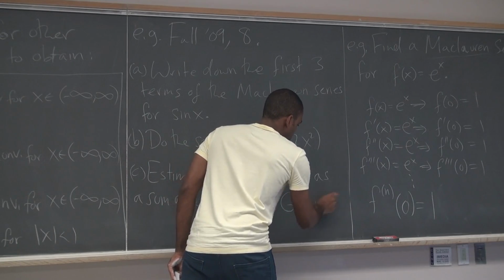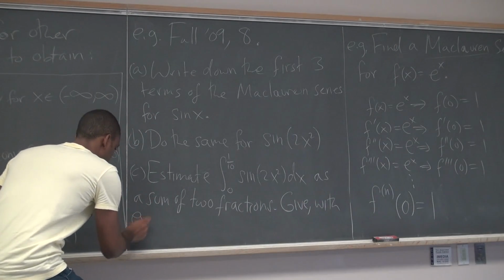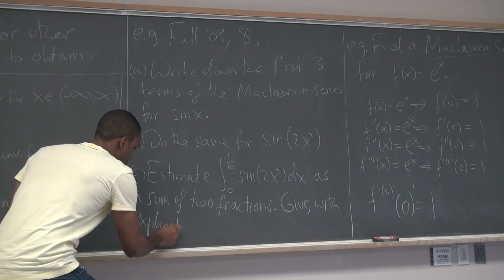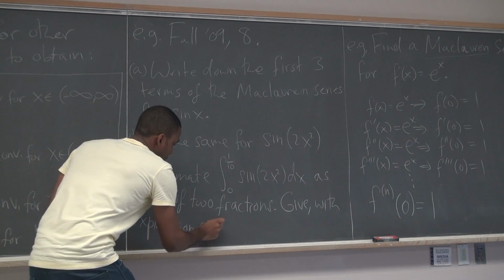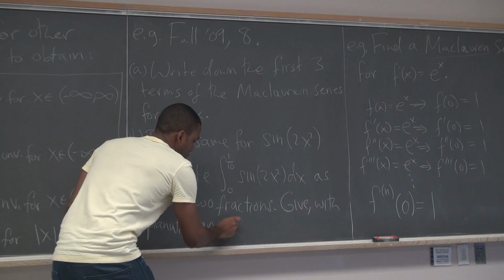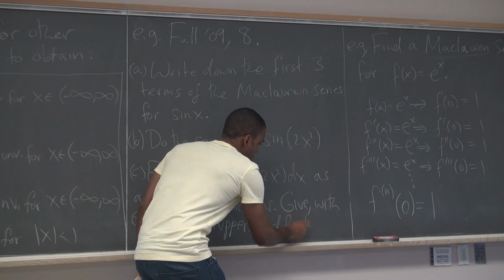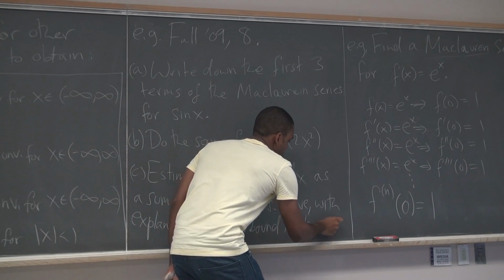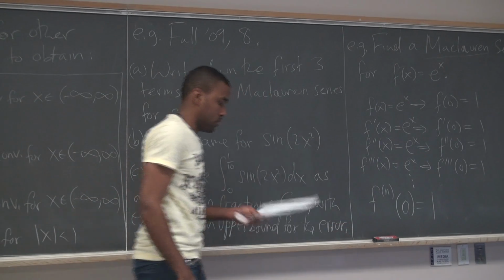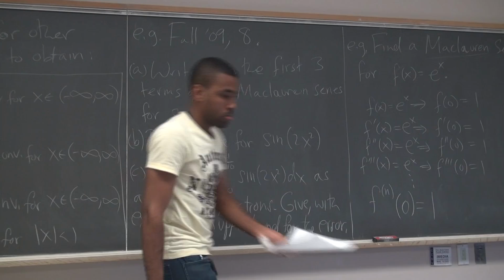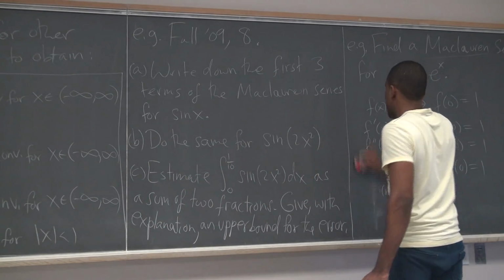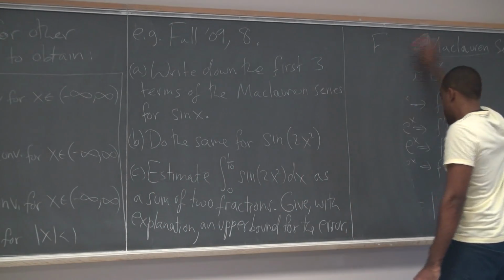Give, with explanation, an upper bound for the error. So that's a possible type of problem from part 2 of a final.